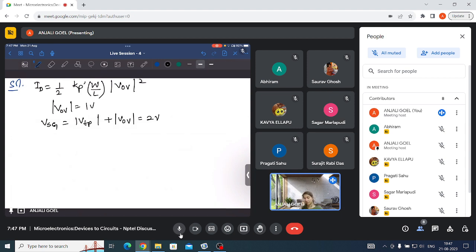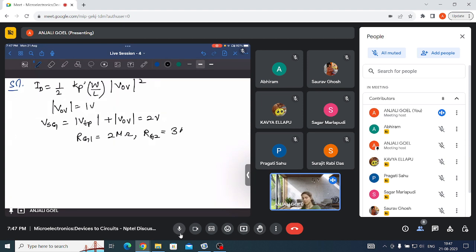So now you have to calculate the values of RG1 and RG2. So it could be 2 mega ohm since it is in the ratio of 2:3.